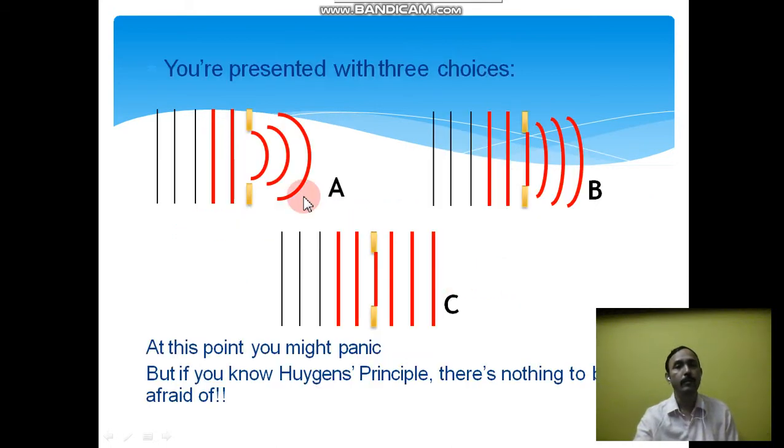Option A, this is the shape. Option B, this is the shape. Option C, this is the shape. At this point, anybody might panic. But if you know Huygens principle, there's nothing to be afraid of.